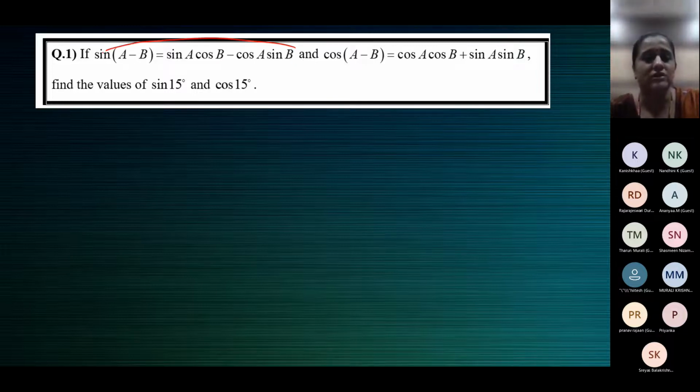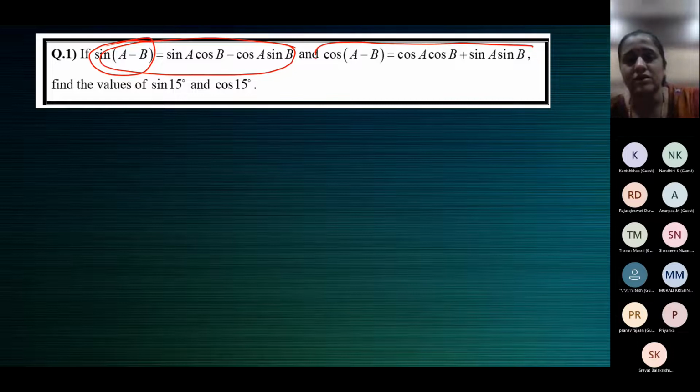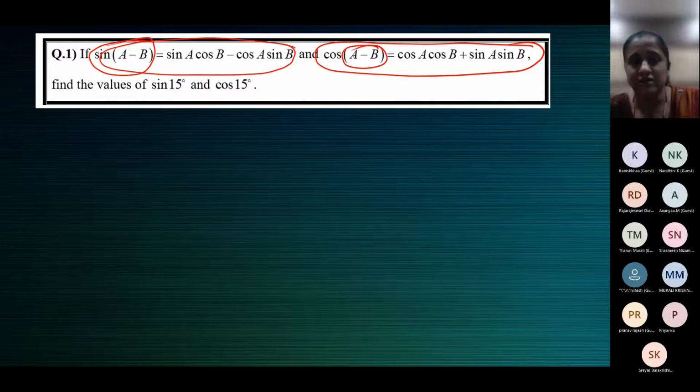This is a formula that helps you to calculate the sine of any particular angle. Similarly, this is a formula: cos of A minus B, where A minus B is an angle.